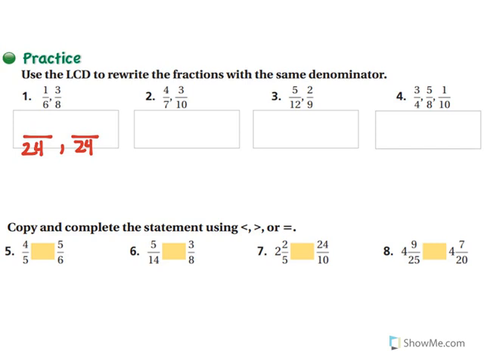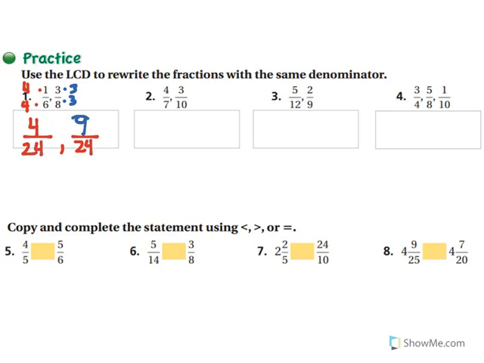So 4 times 6 gets me 24, so I'm going to do 1 times 4 to get me 4 up here. And then over here, we'll multiply these both by 3, giving me 9 over 24. So those are my new fractions with the same denominator.